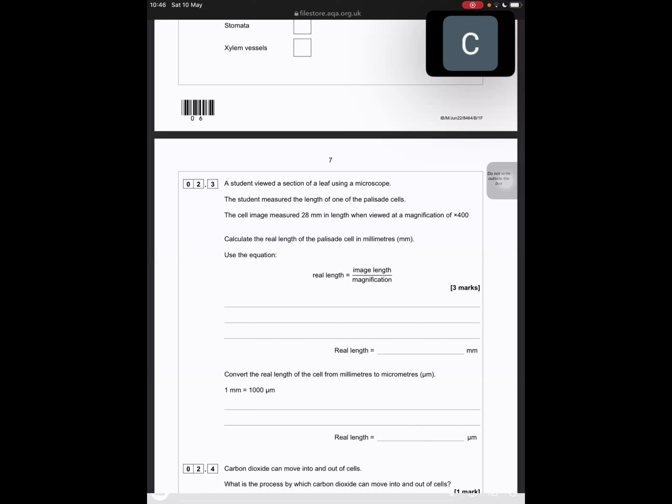When you multiply by powers of 10, the decimal point will move to the right. So 0.07 multiplied by 1,000, what will you get? 70. 70 micrometers. So let's not lose sight of that fact. Okay, let's move on.